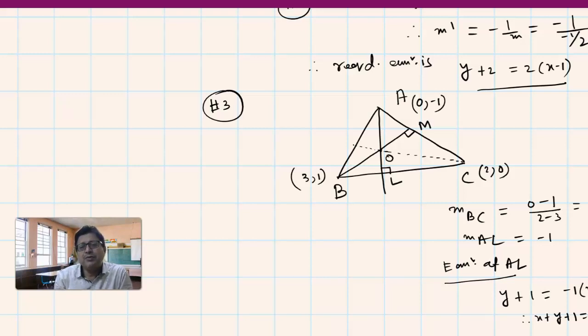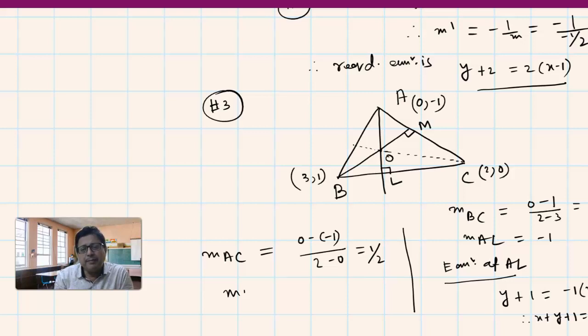Let us find the equation of BM. We find the slope of AC first. What is the slope of AC? (0 minus 1) by (2 minus 0), that is 1 by 2. The slope of BM will be what? The product of the slopes is minus 1, so it will be minus 2.